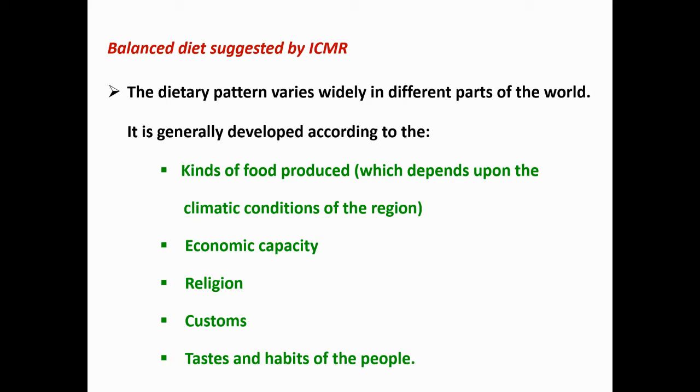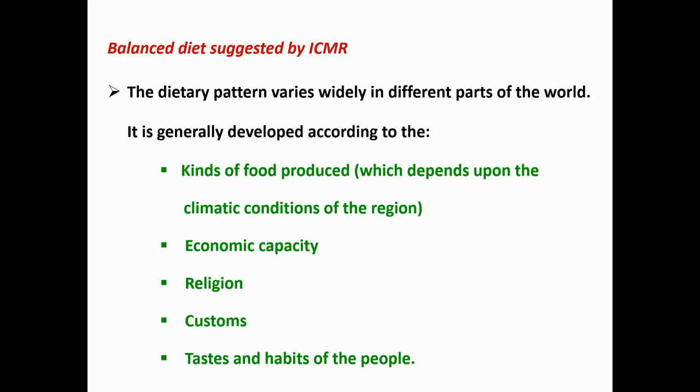And our ICMR has suggested a balanced diet, so we can look into this. What is the ICMR suggested balanced diet? The dietary pattern varies widely in different parts of the world, in developing and developed countries. It has been developed according to the instructions from the ICMR.